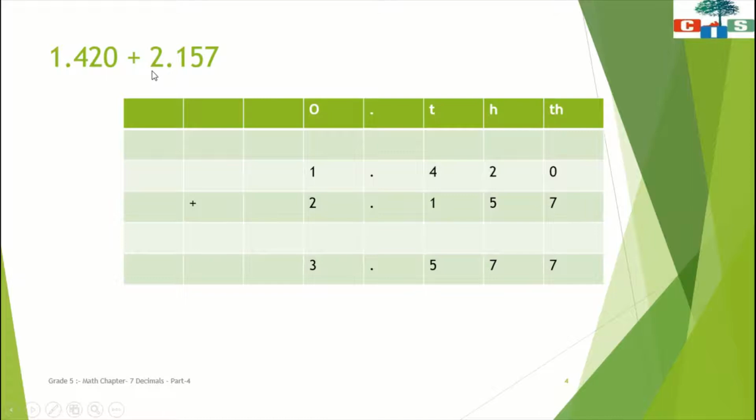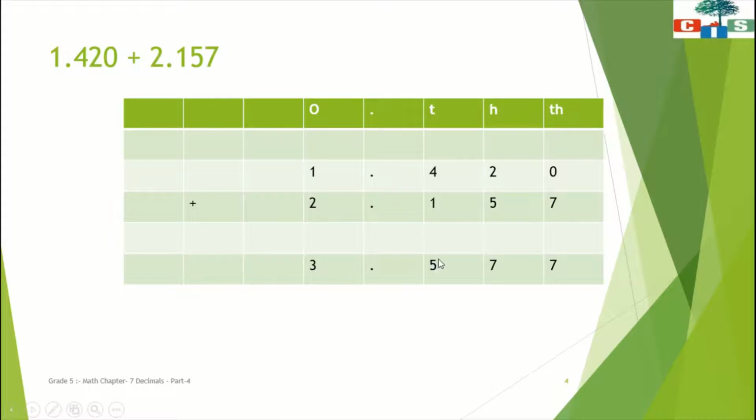Now I will put the next number in a similar way, that is 2.157. Here I have 2 in the whole number part, so I have put 2 in the ones place. Then the decimal point, 1 at the tenths place, 5 at the hundredths place, and 7 at the thousandths place. I have arranged these two numbers into the decimal place value chart. Now I can easily add. 0 plus 7 is 7, 2 plus 5 is 7, 4 plus 1 is 5.